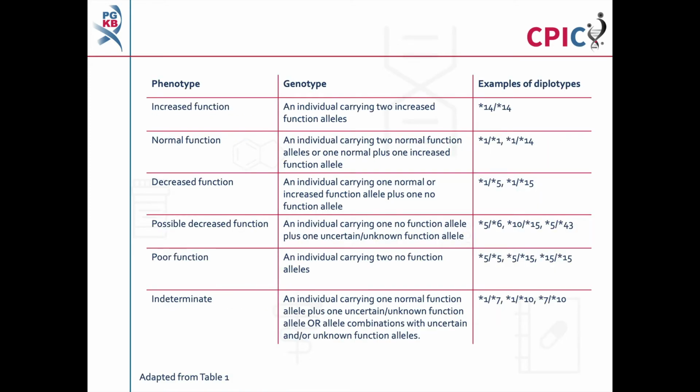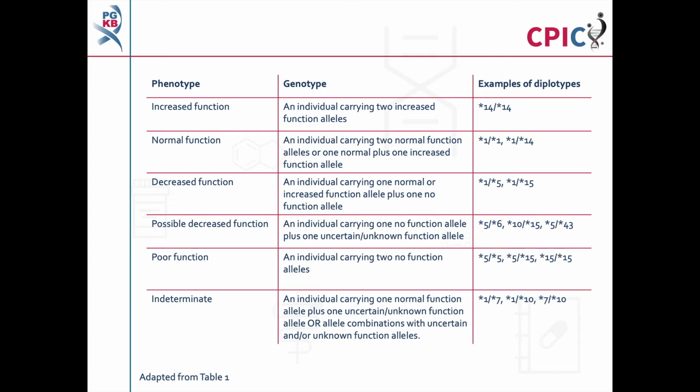Patients can be assigned an SLCO1B1 phenotype based on the functional status of their SLCO1B1 alleles. This table shows the different phenotypes that can be assigned along with example diplotypes. This information can also be found in Table 1 of the guideline. Gene information tables for SLCO1B1 are available on the PharmGKB website.